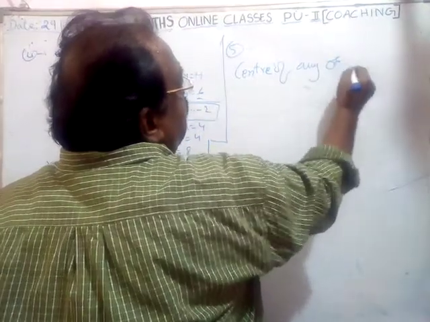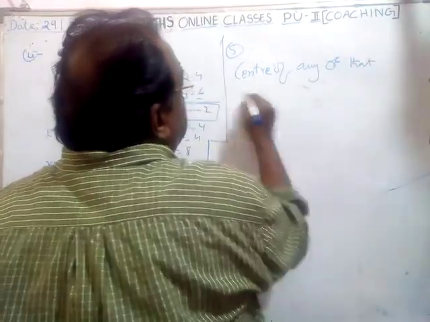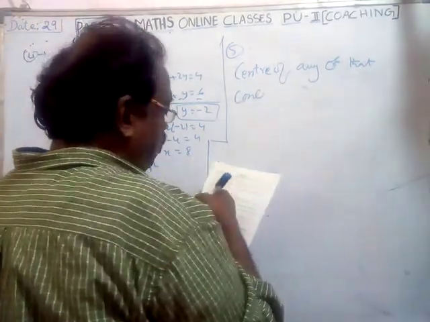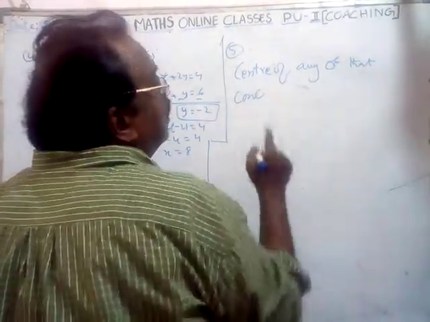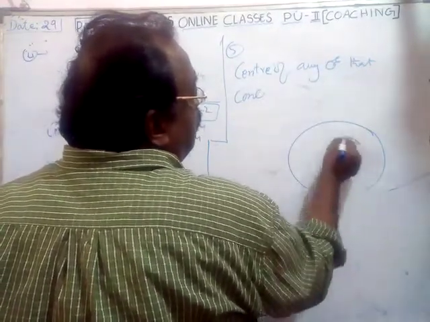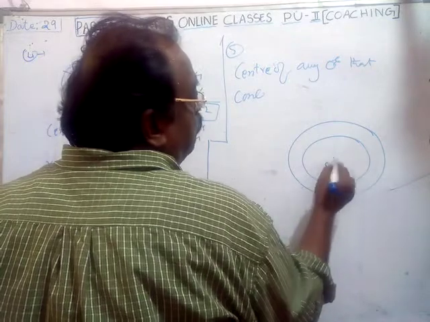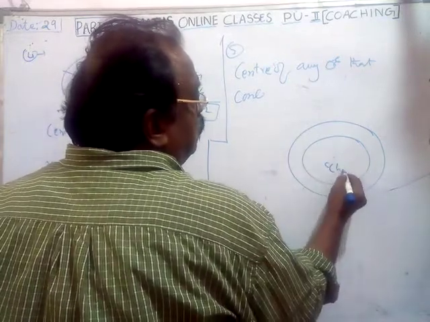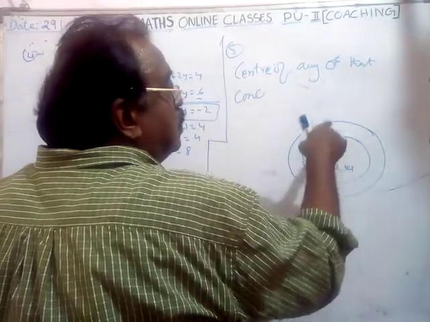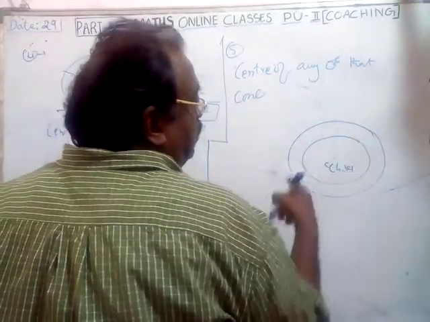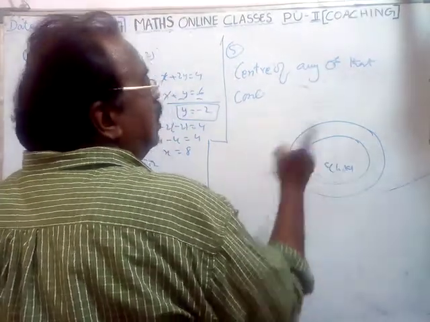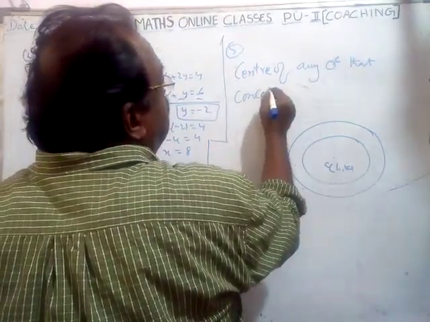Concentric means the center is the same. Say h comma k is the center of the two circles. Then the first circle is concentric with the second circle, or the second circle is concentric with the first circle. Center is same.